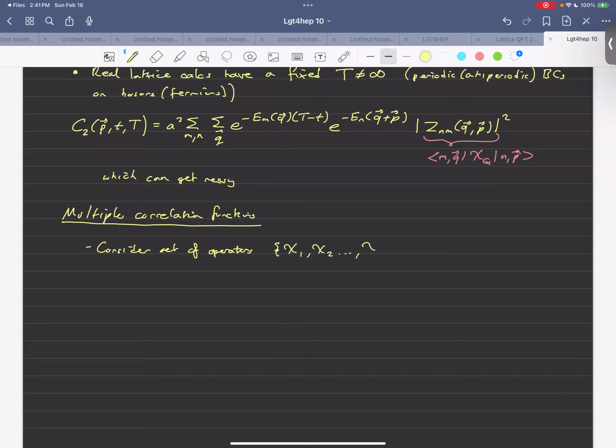Let's say we have n of them, all with some quantum numbers q.